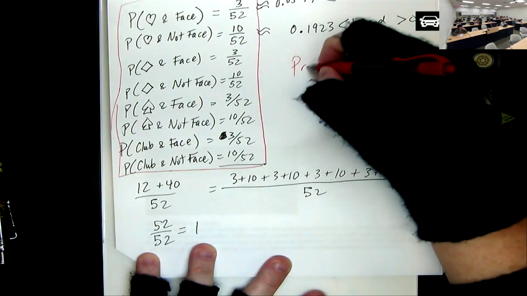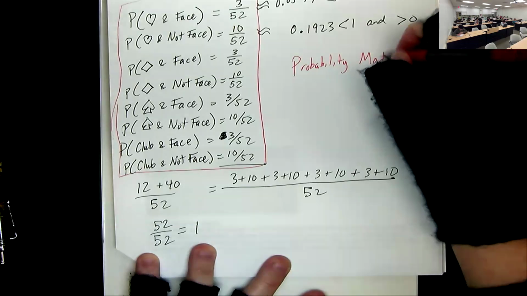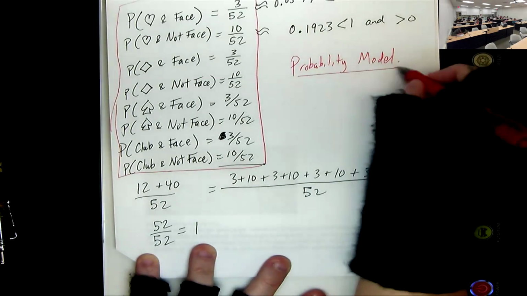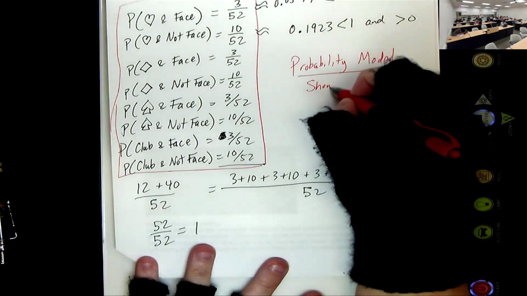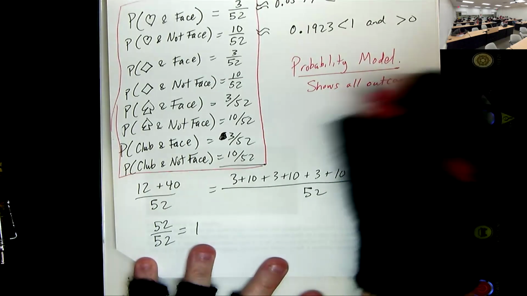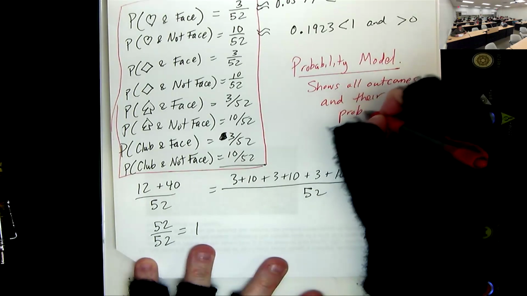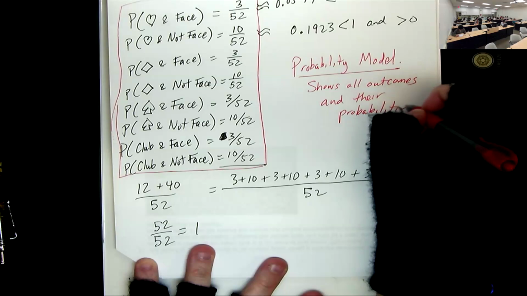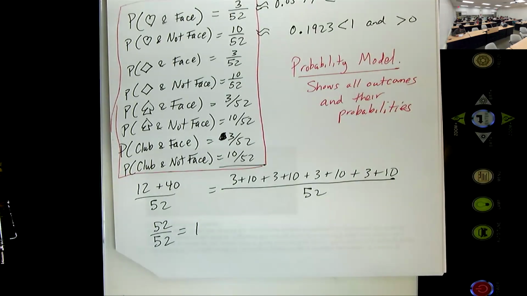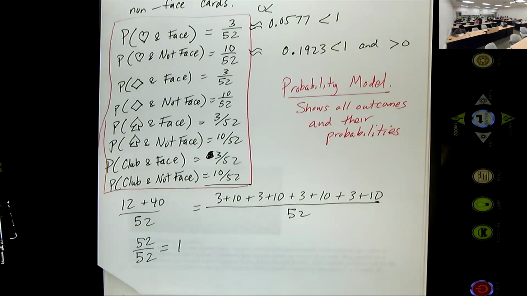This thing here is called a probability model. The probability model shows all outcomes and their probabilities. Sure, I need to pause for a little bit and let this process.